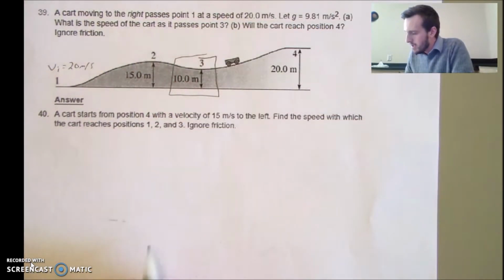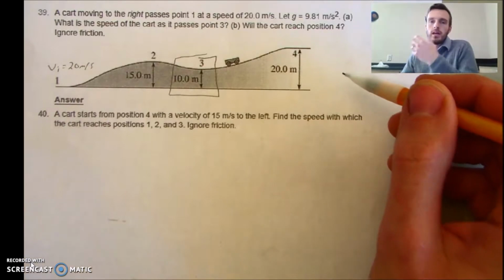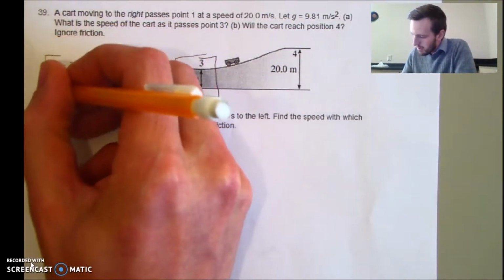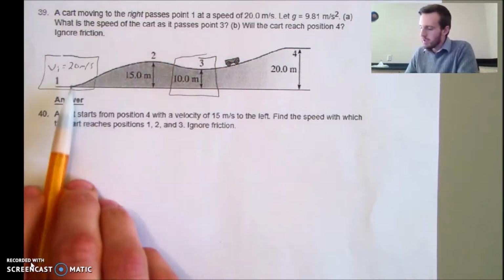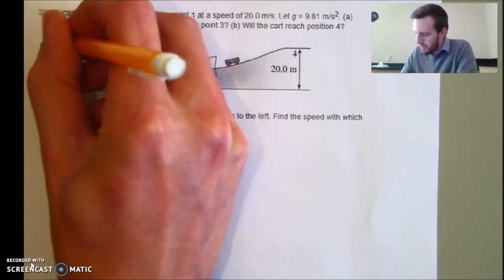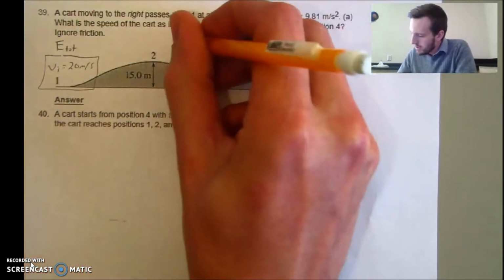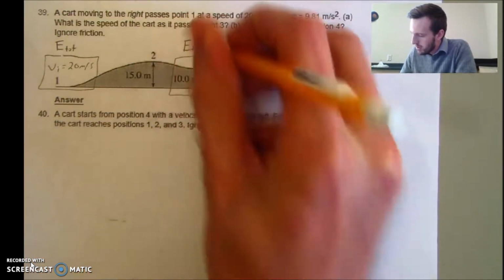Part A. What we have to understand about this problem is that it's about energy, because the total energy we start with at point 1 has to be equal to the total energy at point 3.